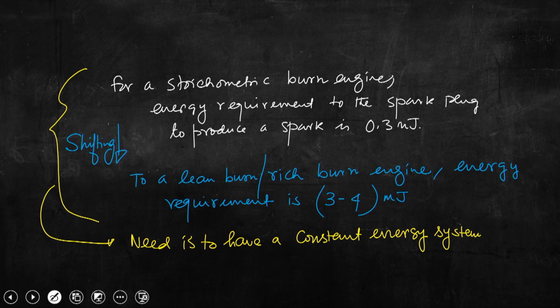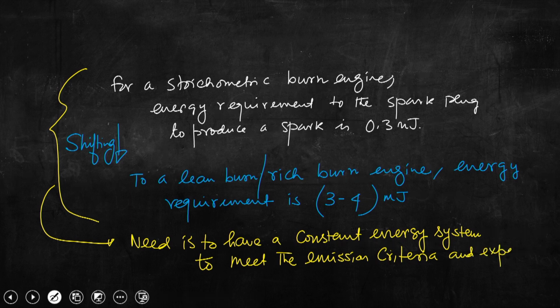This is a constant energy system to meet the emission criteria and the expected or desired performance. In fact, all modern engines are now equipped with an electronic ignition system of constant energy type.